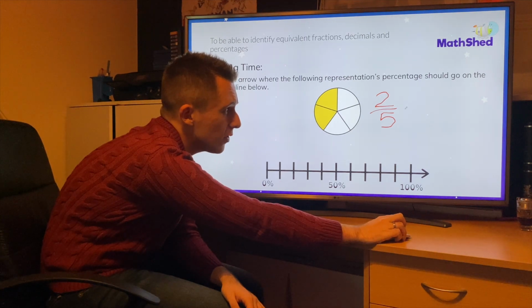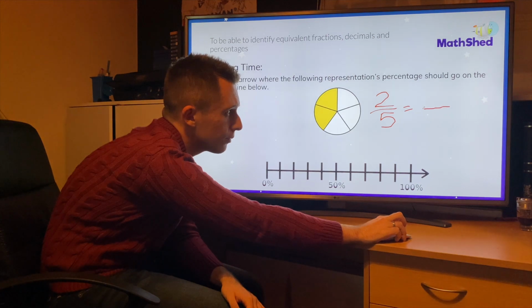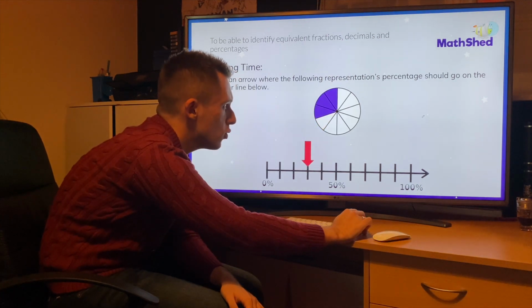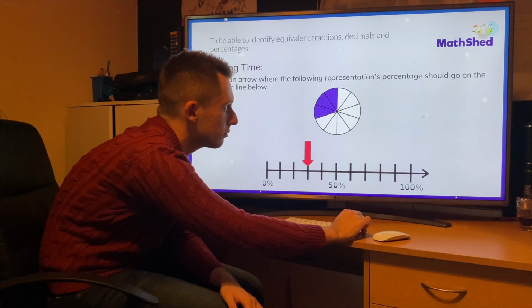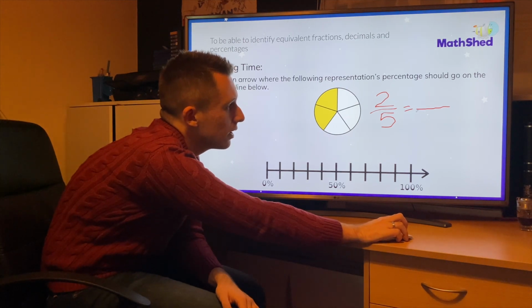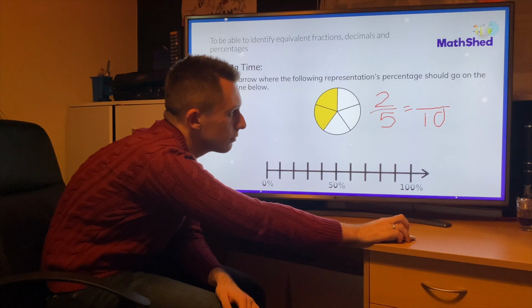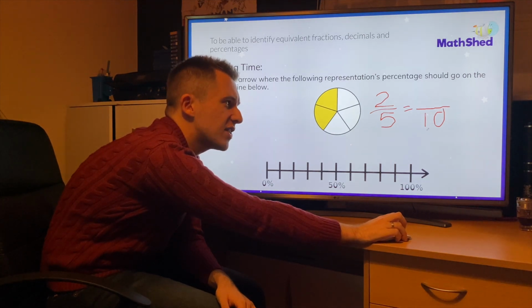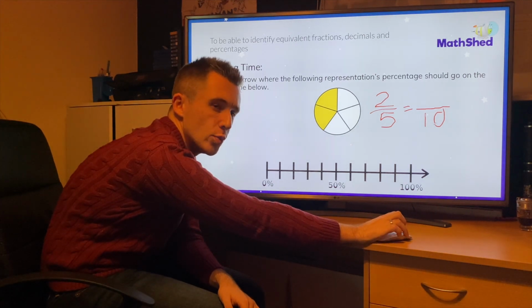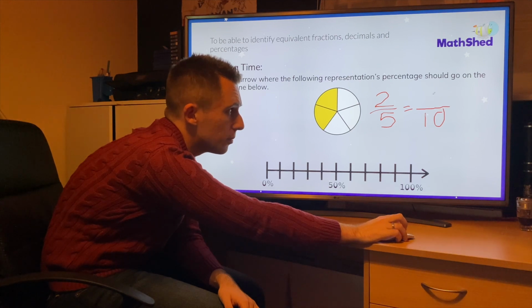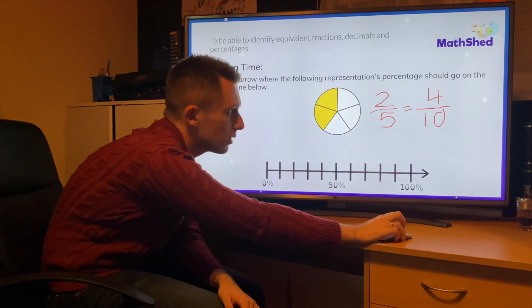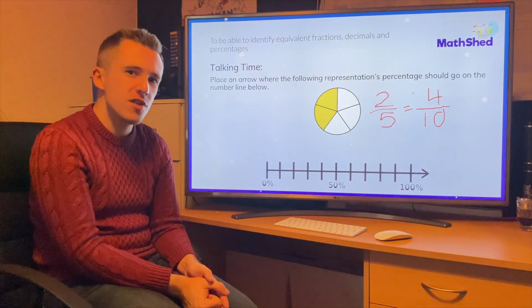So I'm going to turn that into tenths. To get from 5 to 10, I times by 2. I do the same to the top. So now I've got 4 out of 10.